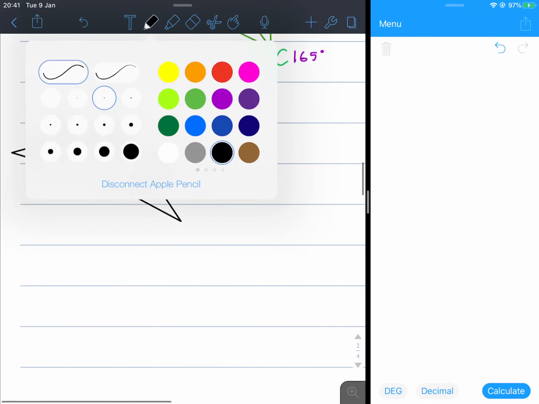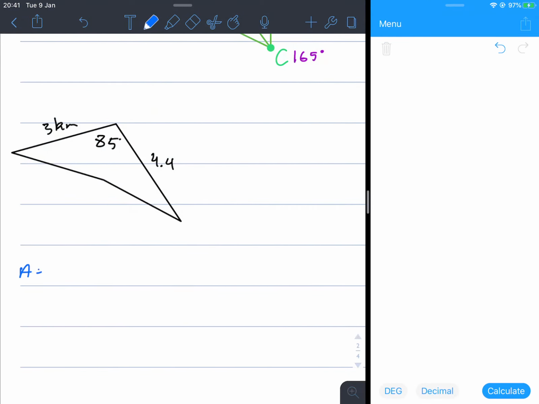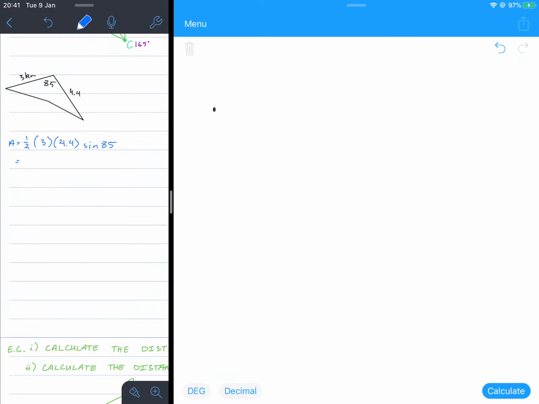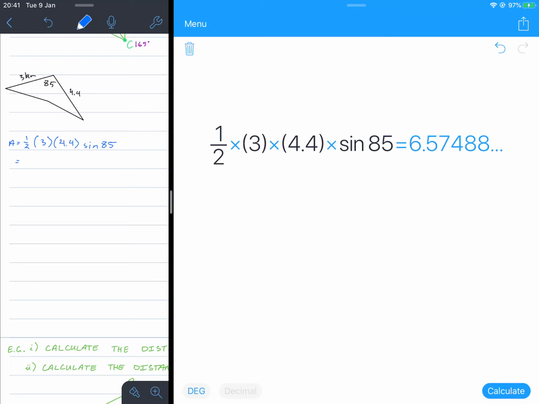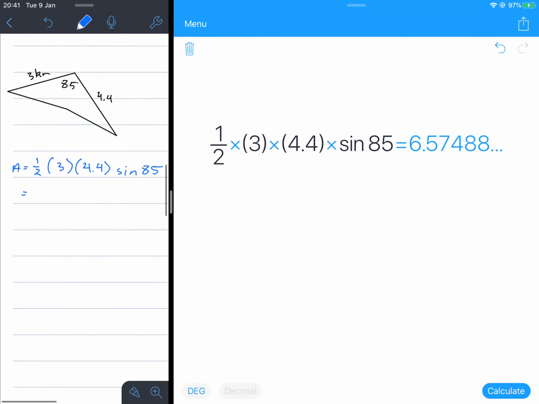Focusing just on this triangle, area equals half times 4.4 times 3 times sine 85. That gives 6.57 kilometers squared.